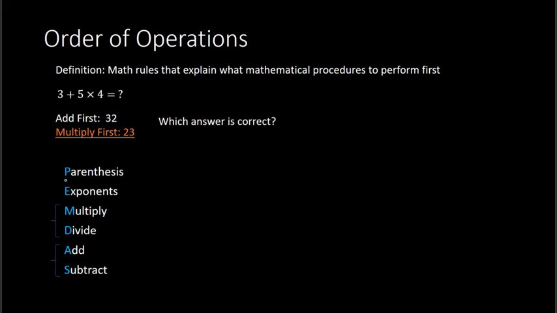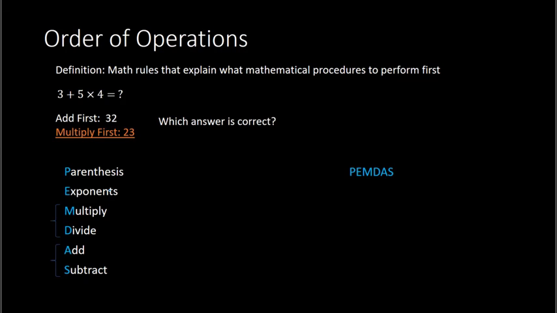So if you take the first letter of each word and put them together, we have PEMDAS. Now this is simply a mnemonic, a way to remember the order of operations. Some people just remember PEMDAS. Other people like to use an acronym with this. So the P pairs up with a word, the E goes with a word, the M goes with a word, and so on.